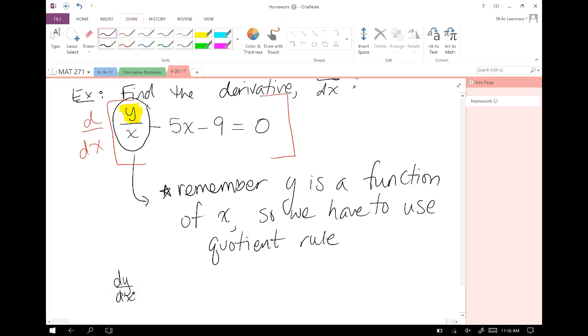And you multiply that by the original of the bottom. And then subtract the original top, and then the derivative of the bottom, all over bottom squared.